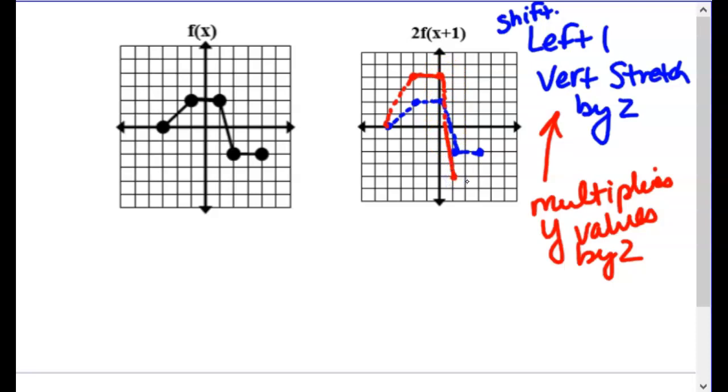I'll go all the way down there. Stretching it vertically changed all the y values. It's twice as tall away from the x-axis. Everybody got it? It shifted left and then stretched.